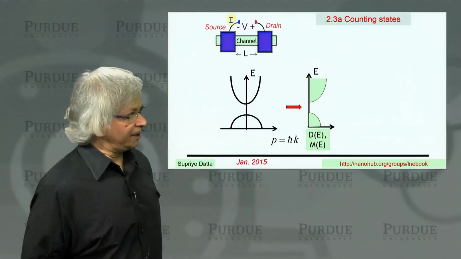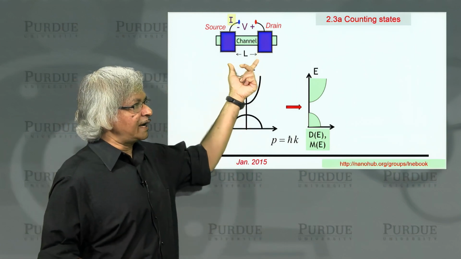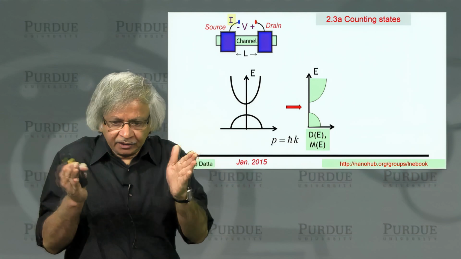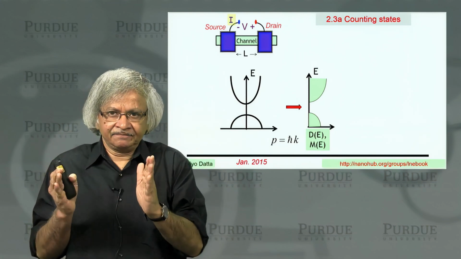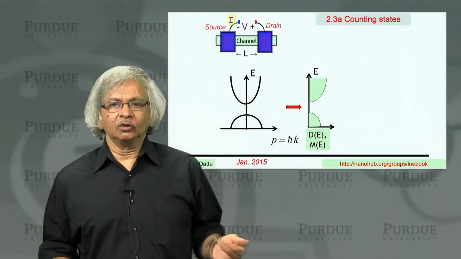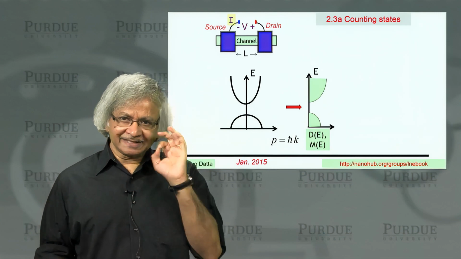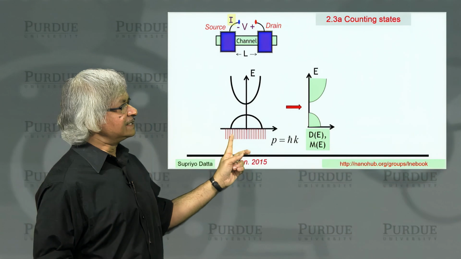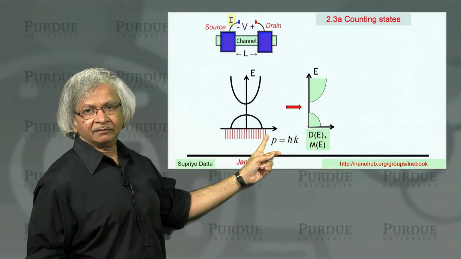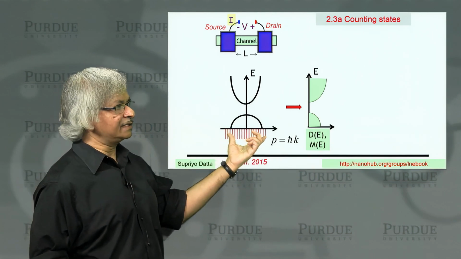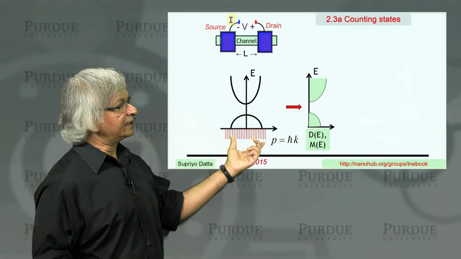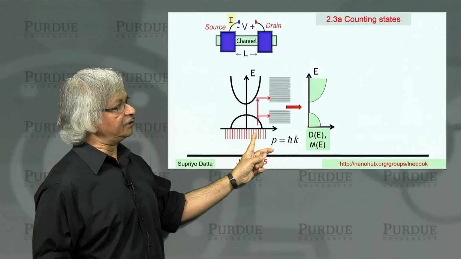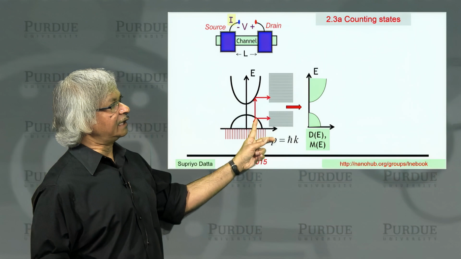But the argument you make is that once you have an electron in a solid with a certain finite size, then not all momenta are allowed. Only certain momenta are allowed. And so you have these discrete values of momentum that are allowed inside the solid. And corresponding to each discrete value, of course, there are allowed energies.